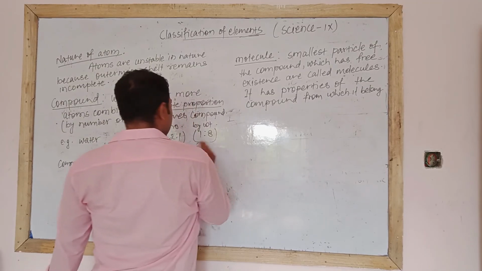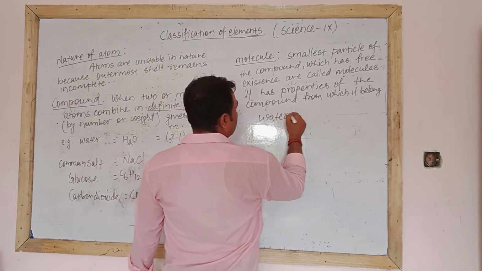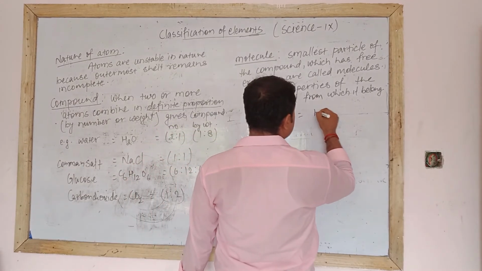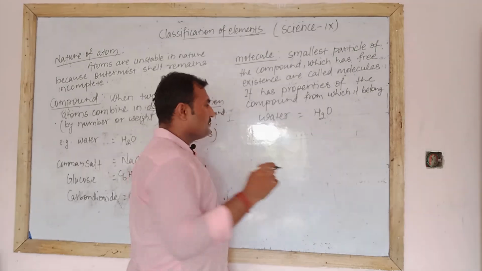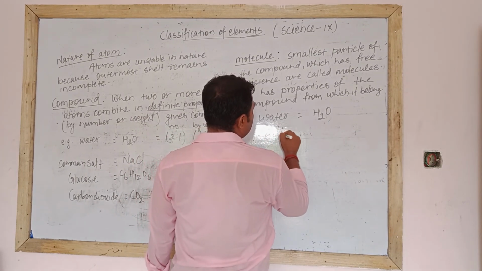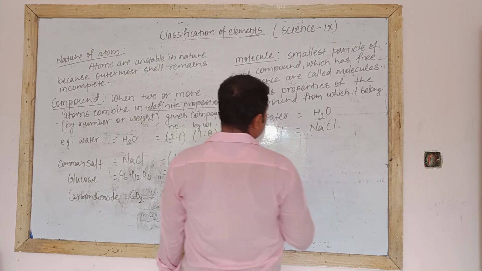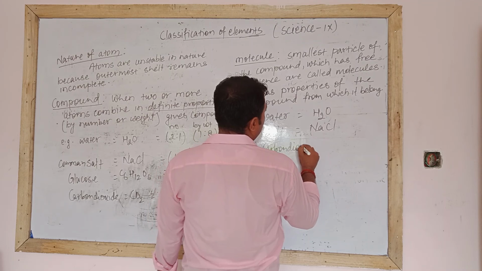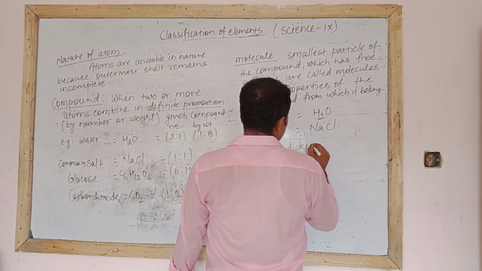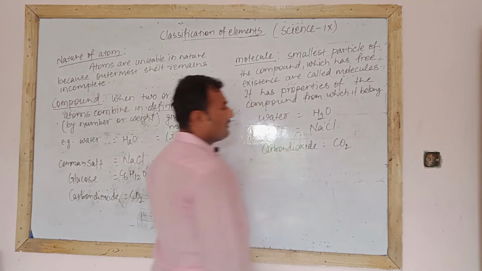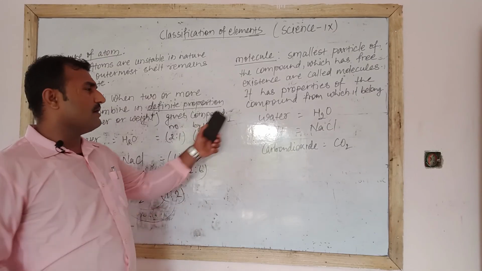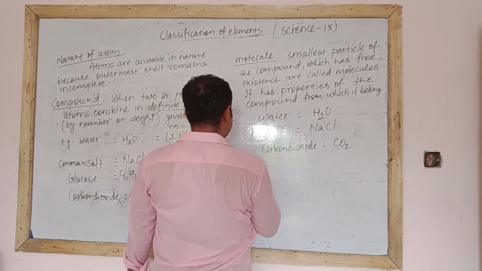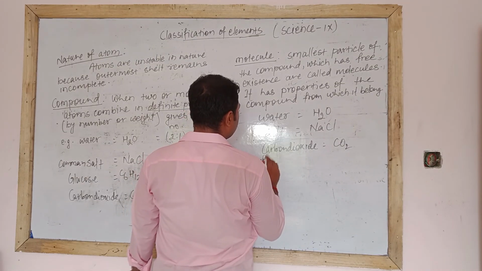For example, water is a compound, and its smallest particle is H2O. It means one molecule of water. Common salt is represented by sodium chloride, and carbon dioxide by CO2. A single particle of a compound is known as a molecule. These molecules are represented by molecular formula.